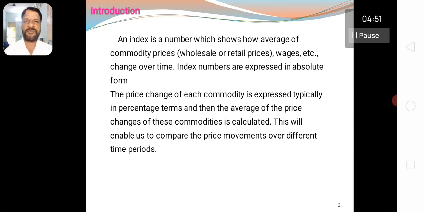You know, the gold price in the year 1993 to 1995, 10 grams gold price was rupees 4,500 to 5,000. Now the same gold price of 10 grams is 49,000 to 51,000 at present. Then what is the ratio of change in the price of the gold over different periods of time? That can be studied with the help of the index numbers.